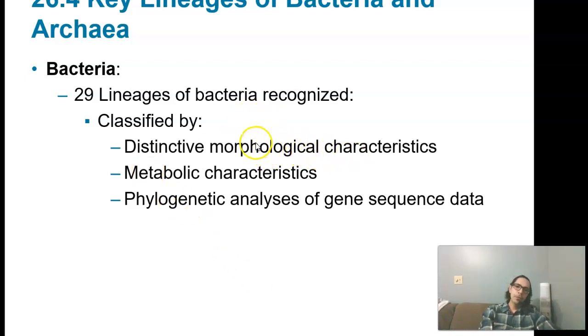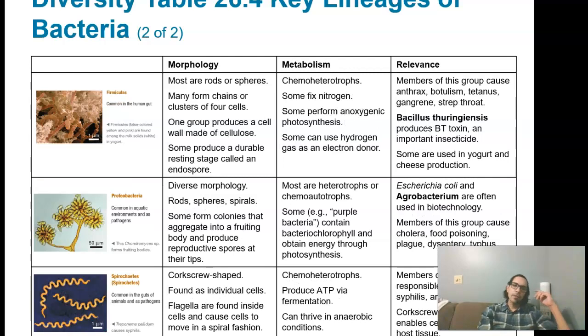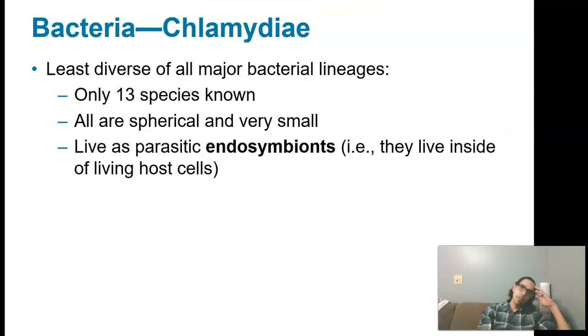The morphological characteristics are like when we went over the gram staining, so gram positive, gram negative. The metabolic characteristics are like the ones we talked about, the phototrophs versus the chemotrophs and all those different variations. Here are some examples that the book provides of different bacteria, but these are the ones that we're going to go over, just a few.